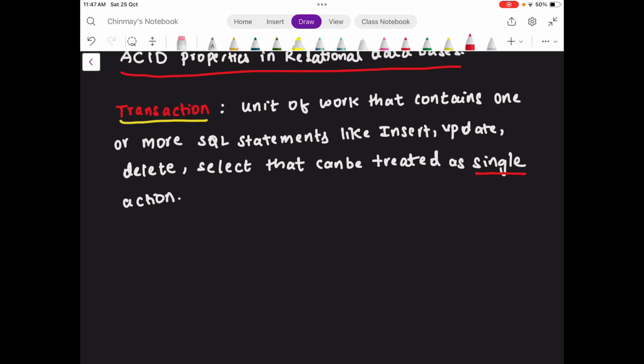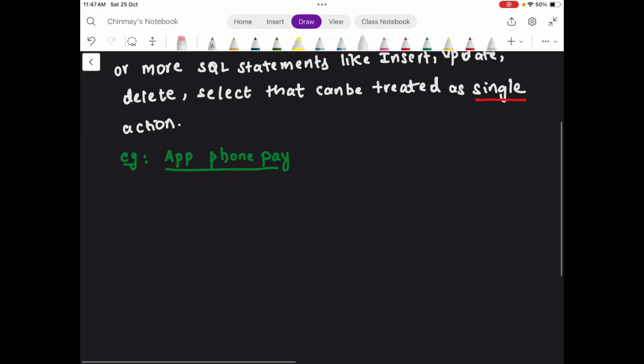If you have an app called PhonePay, in PhonePay we are transferring an amount.